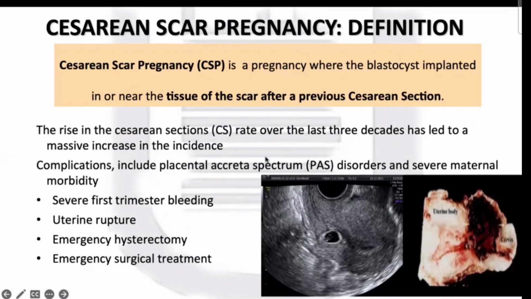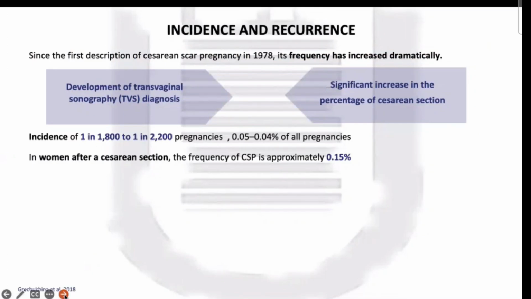And since the incidence of cesarean section deliveries is increasing, this type of pregnancy also increases, and it is correlated to a lot of complications, which include the placenta accreta spectrum, but also several other maternal morbidities, such as severe bleeding, uterine rupture, emergency hysterectomy, and surgical treatment. So you understand that it is important to make a good diagnosis of this pregnancy.